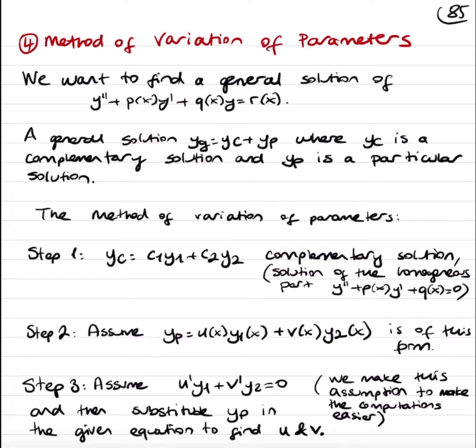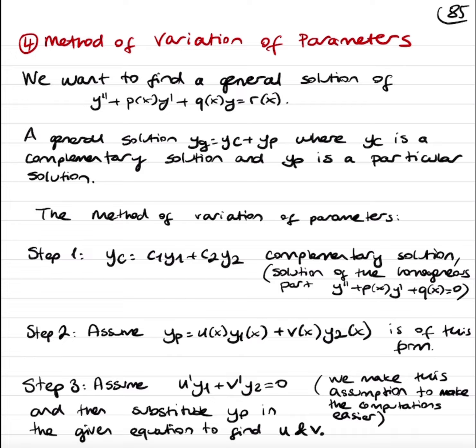And then what is step 2? The method is called variation of parameters, so we will make these constants c1 and c2 functions of x, u(x) and v(x). So the particular solution is of this form, u times y1 plus v times y2, and for simplicity we will assume this condition, just to make the computations easier.